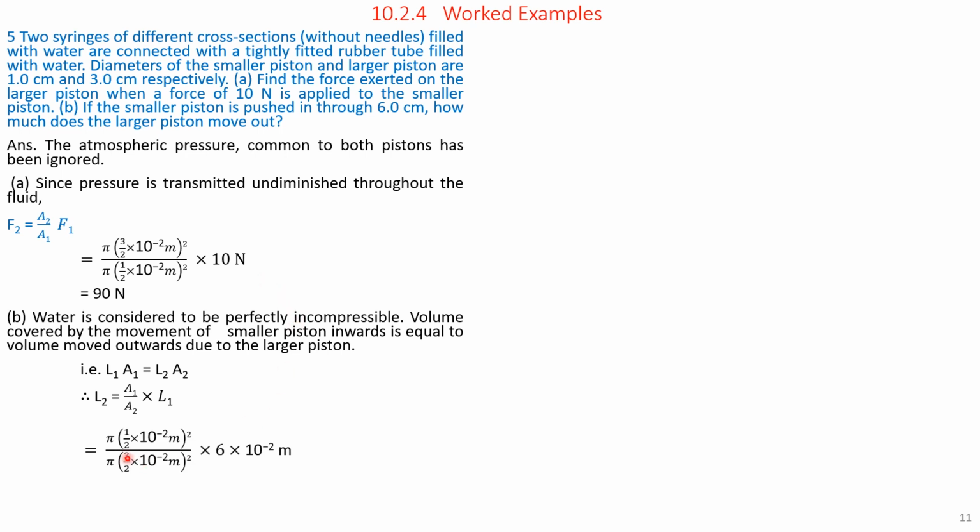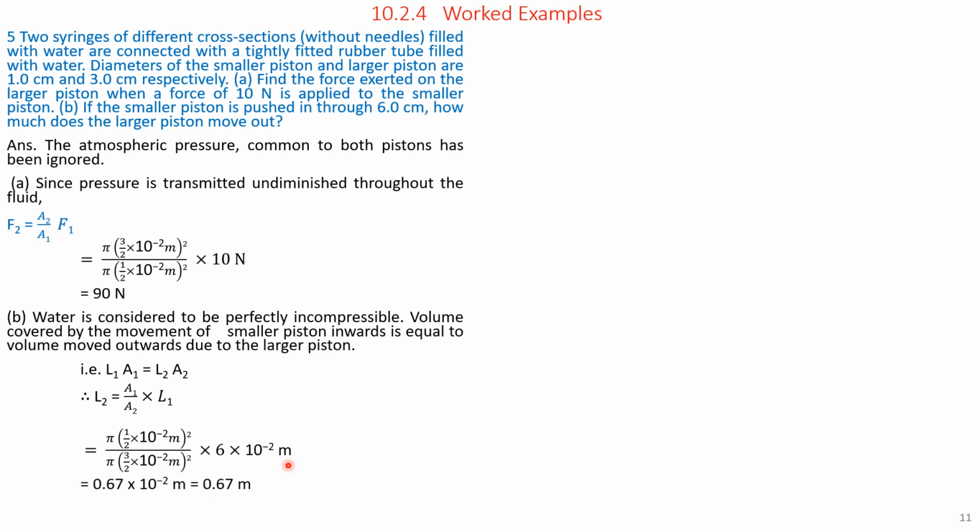A1 is pi into (1 by 2, where the diameter is 1 centimeter and 1 by 2 is the radius) into 10 to the power of minus 2 meters, whole square, divided by pi into (the A2 diameter is 3 centimeters, radius is 3 by 2 centimeters) into 10 to the power of minus 2 meters, whole square, into the length of 6 centimeters, that is 6 into 10 to the power of minus 2 meters.